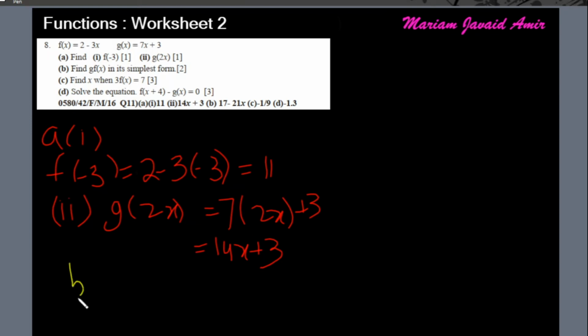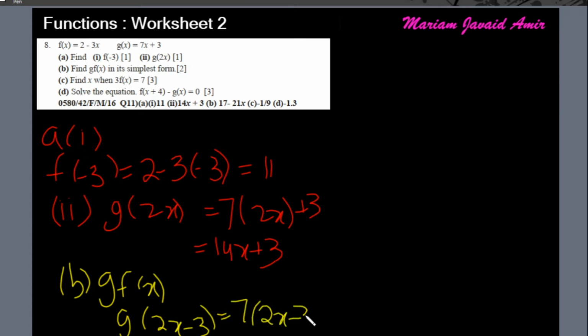Part B, find gfx in simplest form, which means we have to find g of 2x minus 3. So in gx, replace x with 2x minus 3, plus 3. This will give 14x minus 21 plus 3. So I get 14x. Oh, again there's been a mistake.